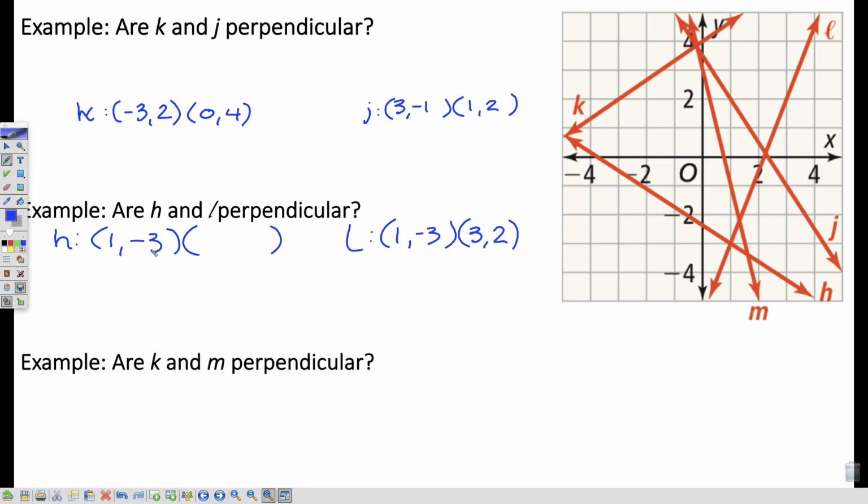For H, why can't we do -2 and -1? I don't think it's quite on the line. It looks like it's on.